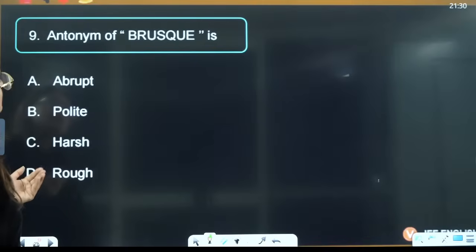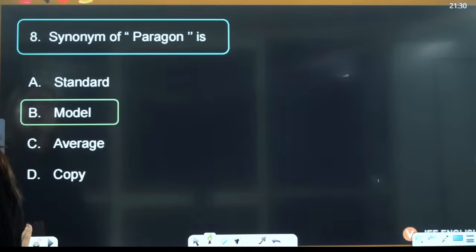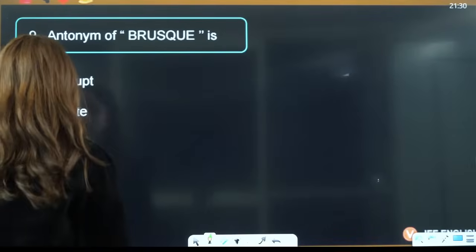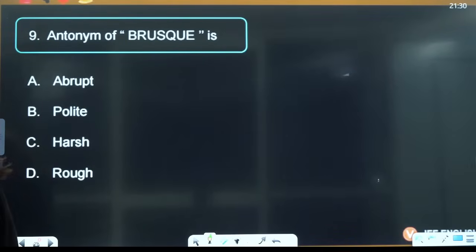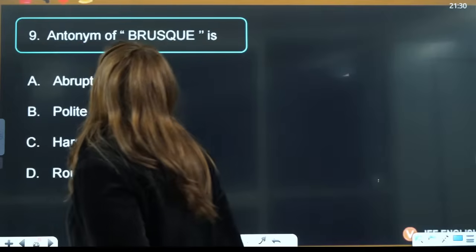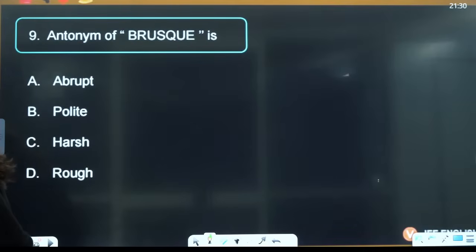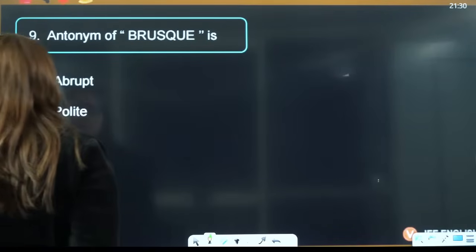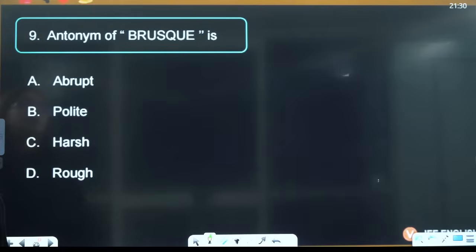Now next is brusque. What is the antonym of brusque? Now you have to see the opposite word out of it. Antonym of brusque. Yes, everybody, do let me know. C, you are saying. Abrupt means blunt. Polite means sweet.